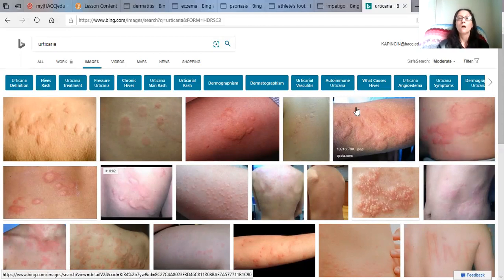So that's hives. Now, I do want to mention that hives are a massive release of histamine. So if you see hives beginning on your client while you are working on them, it means that they are allergic to something that you are using, and you must stop and try your best to clean the client off. I have only had this happen one time, and this was in class.